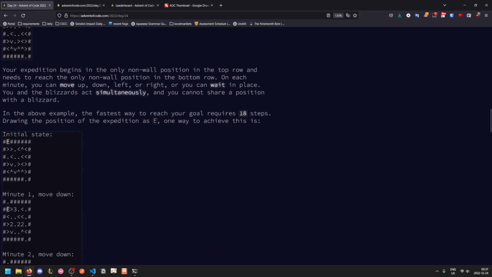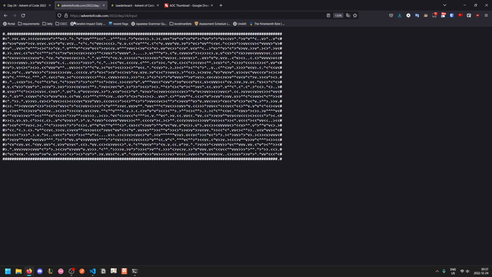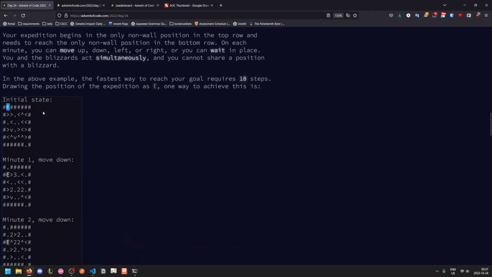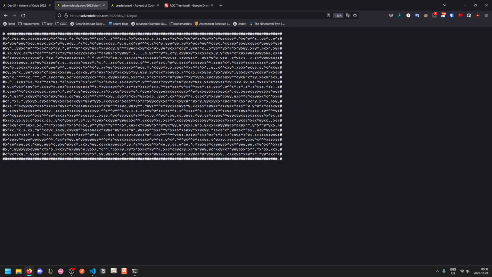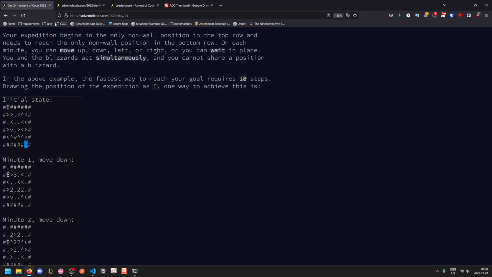But let's see what we're actually trying to do here. Okay, so we begin in the non-wall position in the top row, which is always in the first column. And we want to end up in the empty spot in the bottom row, which is always 1 column from the right. Okay, so this is an example of how we can get there. Initially we're here. We can move down by 1 in this minute because we move simultaneously with the blizzards.